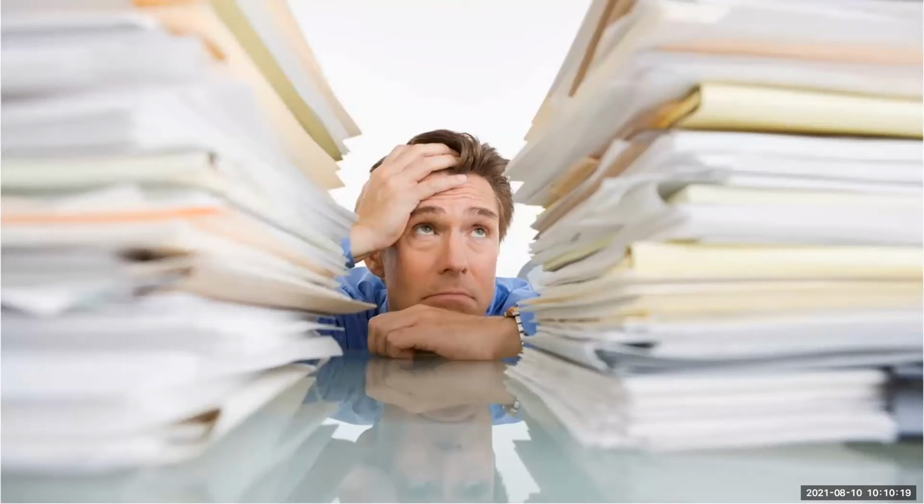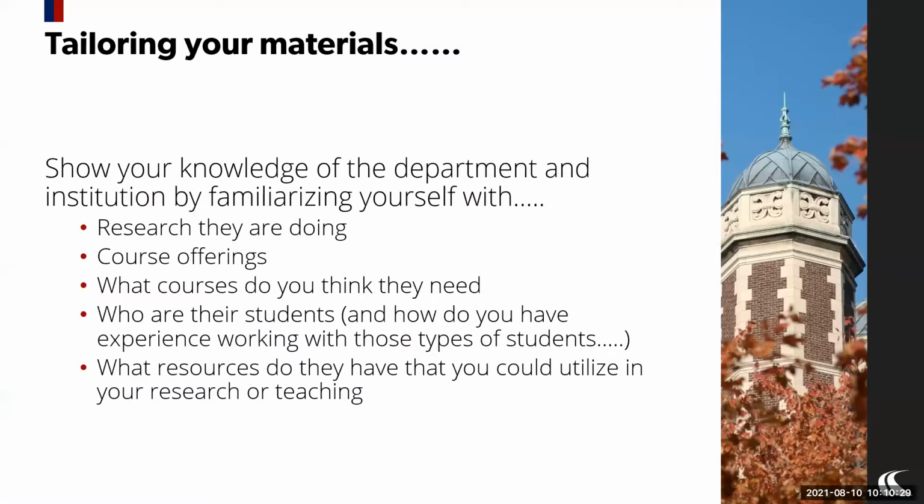So let's get started and talk about what you need to be thinking about as you start the academic job search. Tailoring your material: show your knowledge of the department and the institution by familiarizing yourself with the research they're doing and the courses they have.